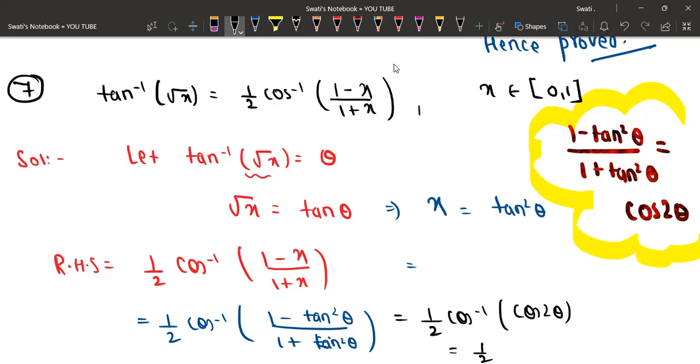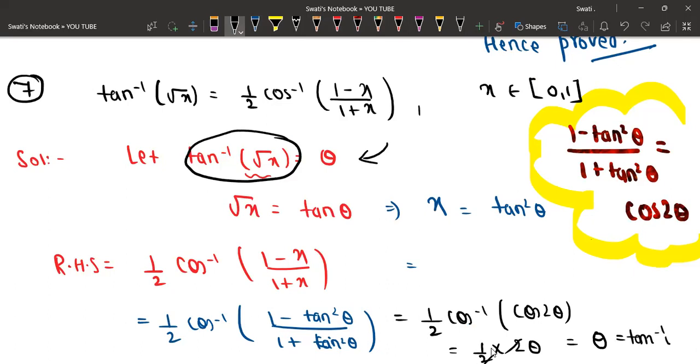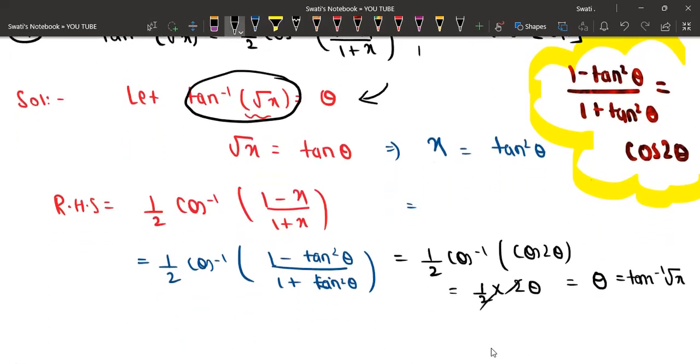So this will become half into 2 theta, right? 2 will get cancelled. So what are we getting? We are getting just theta. But what is theta from here? Theta from here is tan inverse root x. So therefore we got tan inverse root x, which is nothing but our LHS. So we started from RHS and we have reached to LHS. That means, hence, proved. We have proved it.